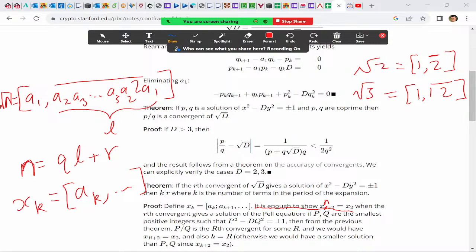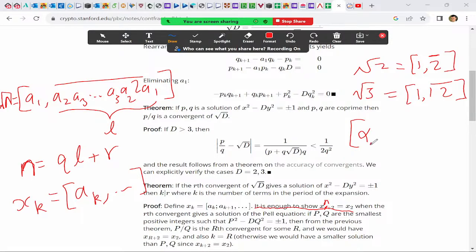Some of the stuff they're saying doesn't make a whole lot of sense. But it's enough to show that x_{n+2} equals x_2 seems to make sense. What's that saying? So what's x_{n+2}?